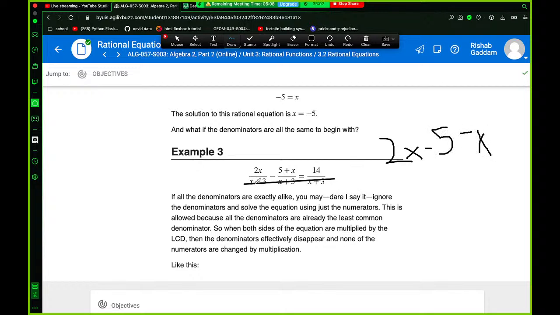And I know what you're thinking, where did you get minus x from? I see the minus 5, but since this negative applies to all of this, you have to distribute the negative across both of the numbers, and you get 2x minus 5 minus x.